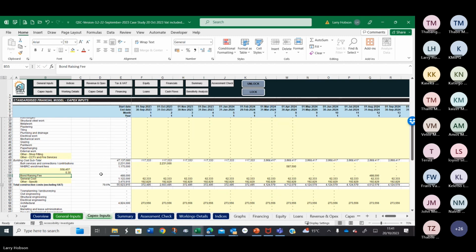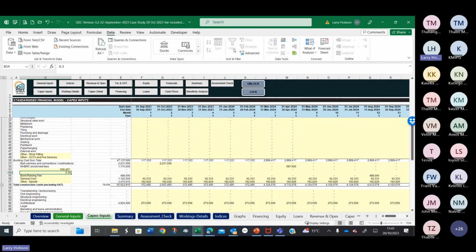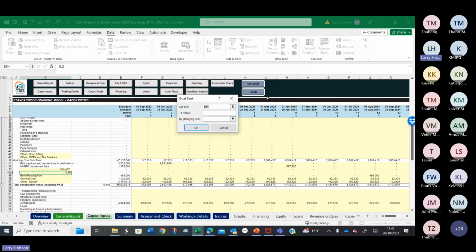So I could do a goal seek. I want to set that cell there, which is the figure we'd like to build for. So I'd like to build for 526,308.